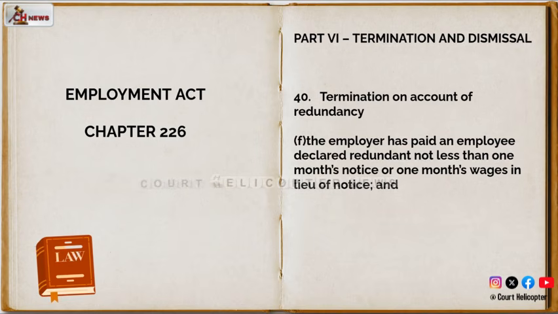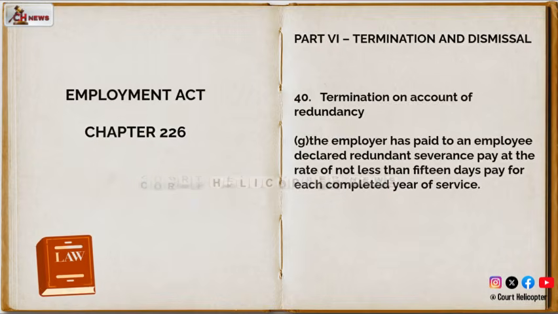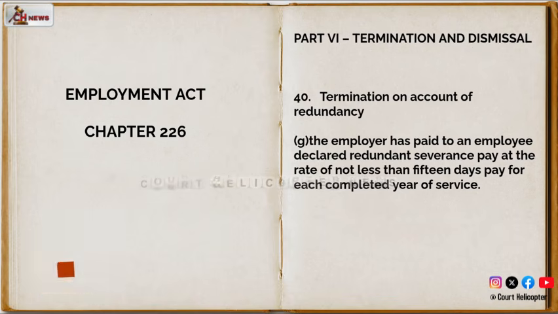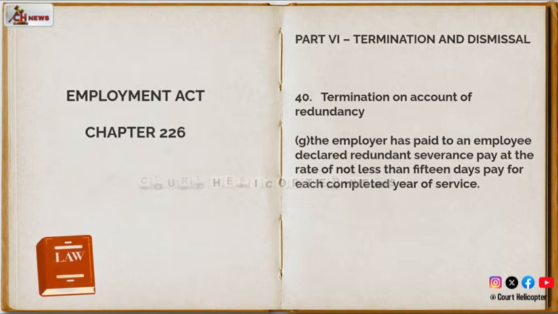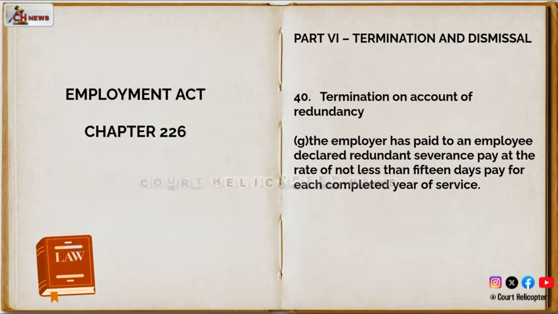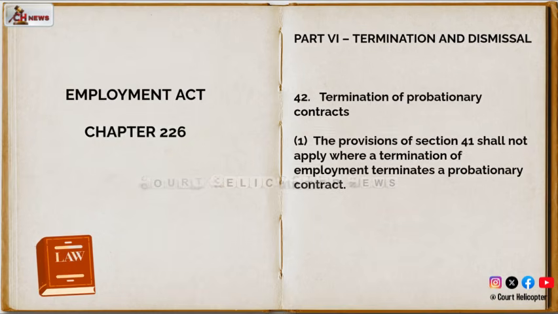And lastly, the employer must clear all the pending days for annual leave. Then that is when the concept of redundancy can move there. What about probationary employment? What does Section 42 say? Termination on probationary contracts.